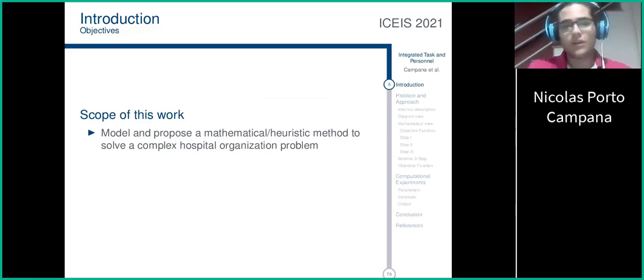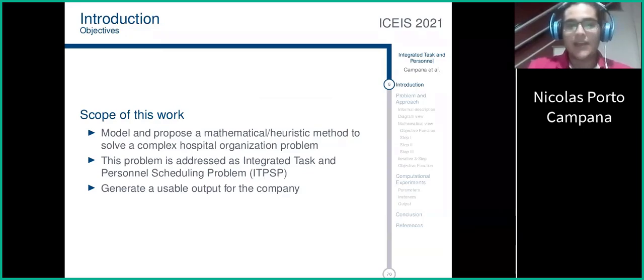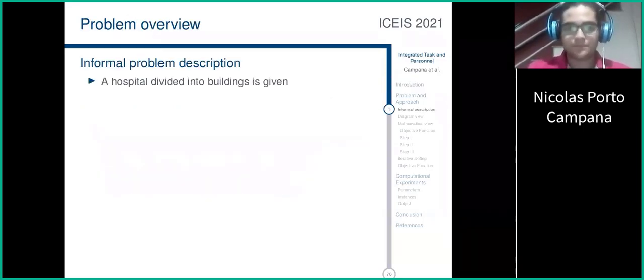So the scope of this work, we want to model and propose a mathematical and heuristic method to solve this complex hospital organization problem. This problem we addressed as an integrated task and personnel scheduling problem, ITPSP, and in the end generate a usable output for the company.